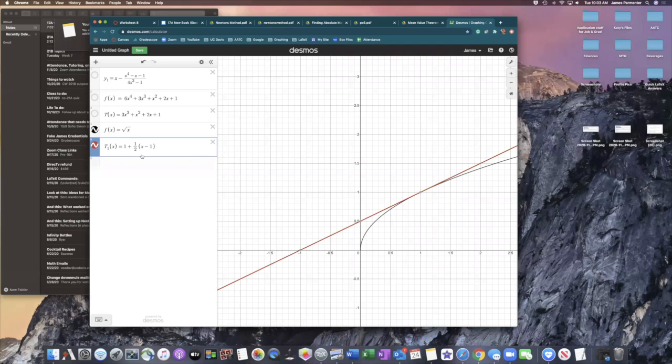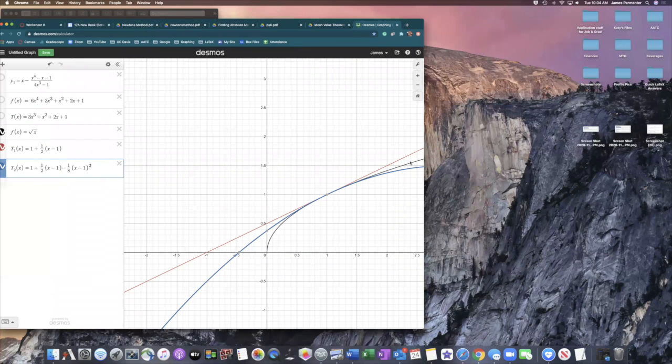And then here's our second degree Taylor polynomial. The nice thing here is I can do some copying and pasting. Let's grab all of this and add on the next term, which is actually a negative 1/8 times x minus 1 squared. So you can see, hopefully, that this blue function is definitely a better approximation of the black function for a good period.